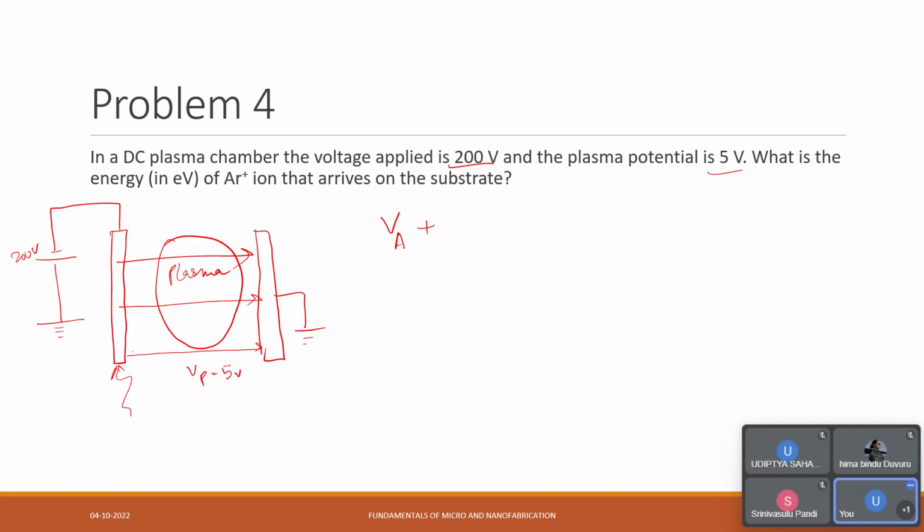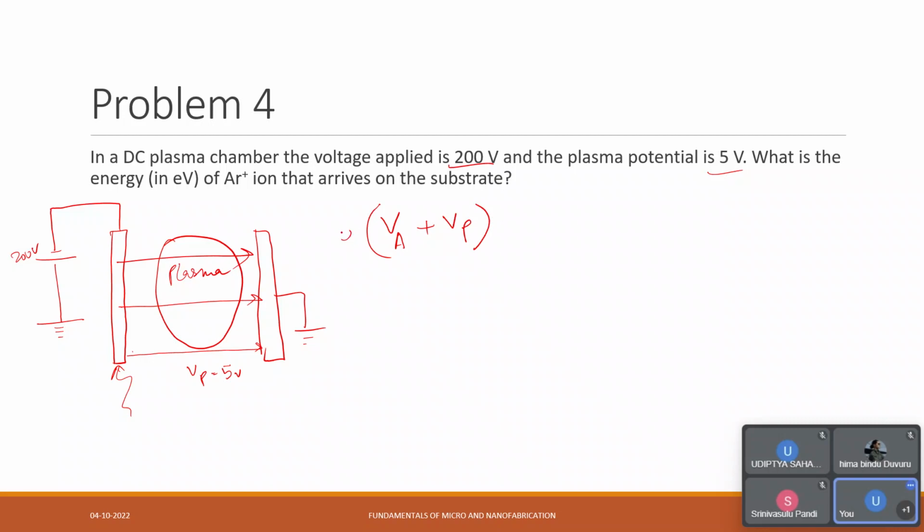After it is produced here, due to the 200 volt high voltage, it has to cross the plasma potential also.